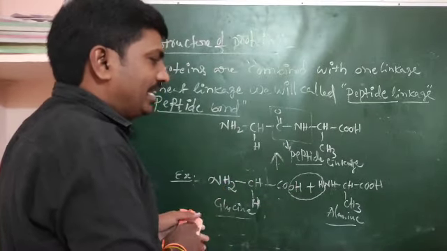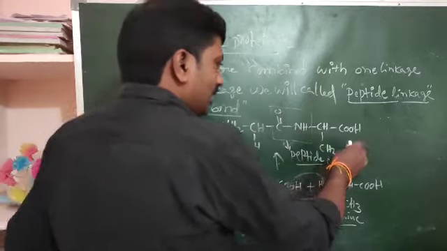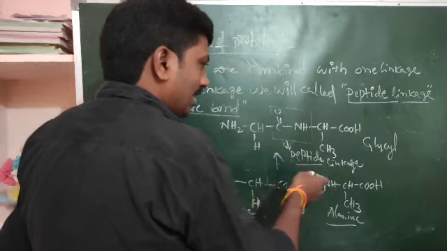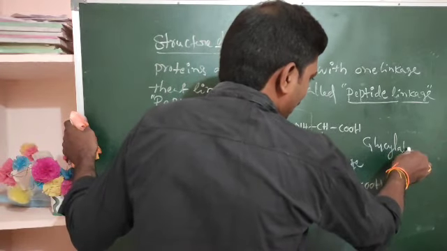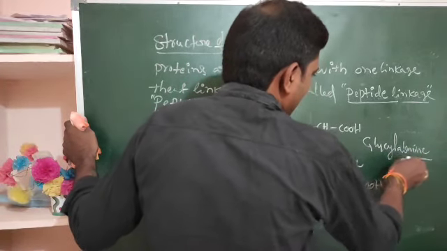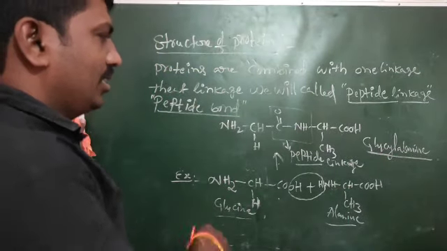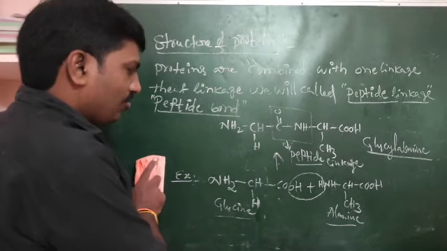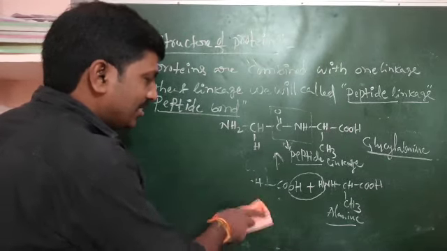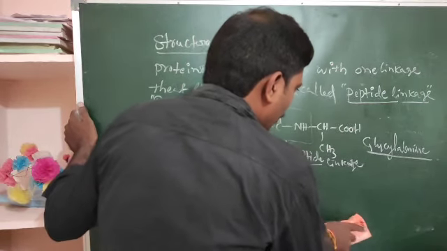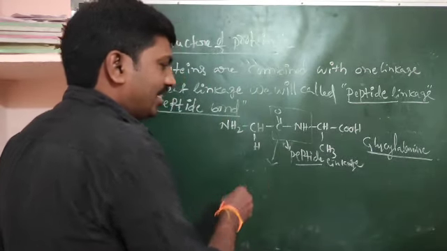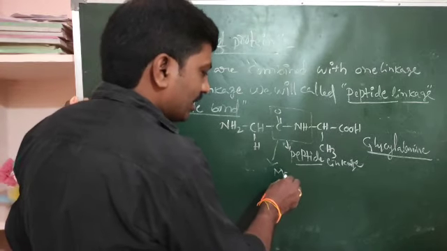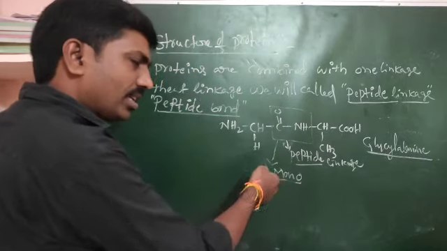This compound is named glycylalanine. This is the structure with one peptide linkage. Two compounds form one linkage, so we call it a monopeptide linkage.